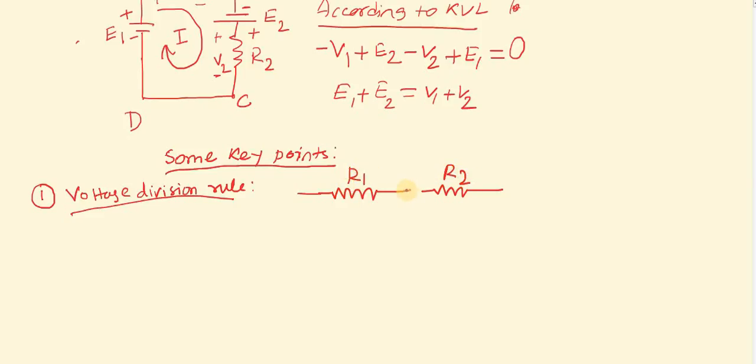These two resistances are connected in series and a voltage source is connected across them. This is the voltage, plus minus, and current flowing through this is I.